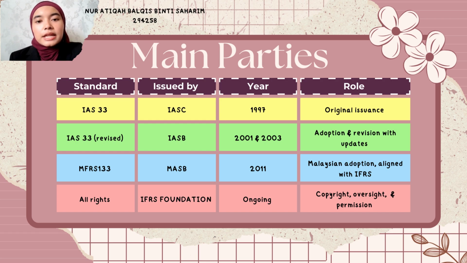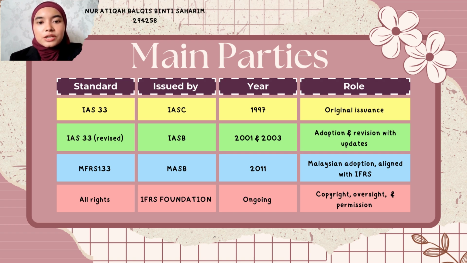After that, in November 2011, the MASB issued the MFRS 133 here in Malaysia, and they made sure it was equivalent to IAS 33, meaning that companies following MFRS 133 in Malaysia are actually following the international standard too. And this move was part of Malaysia's plan to match our standards with global ones.